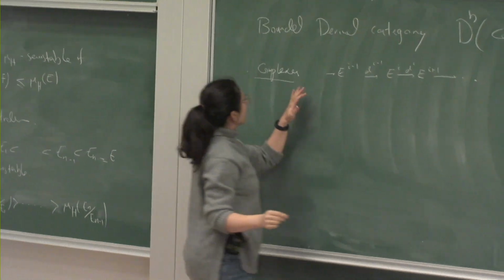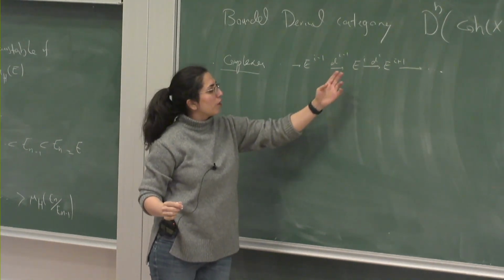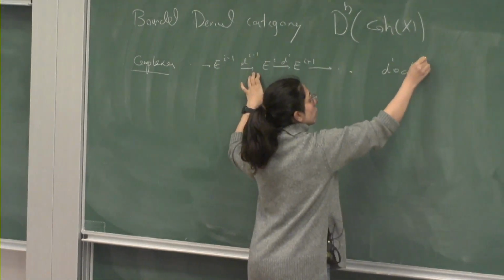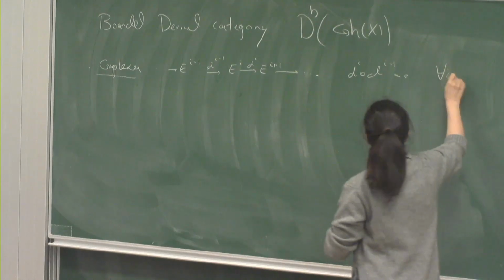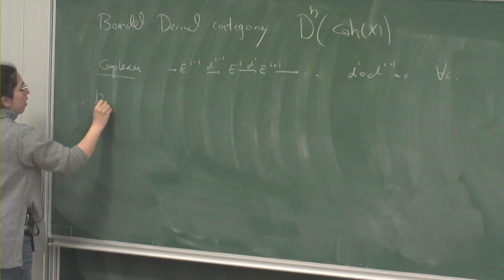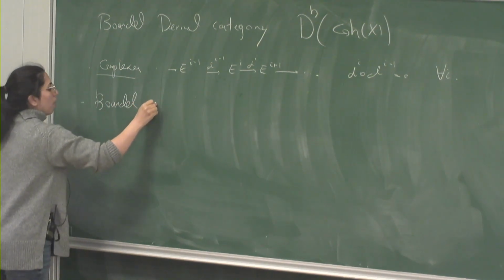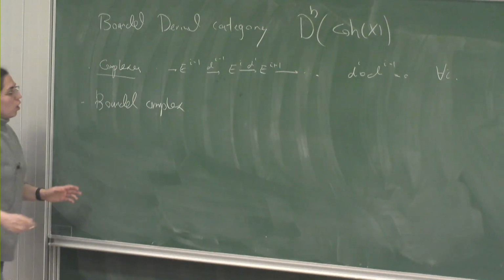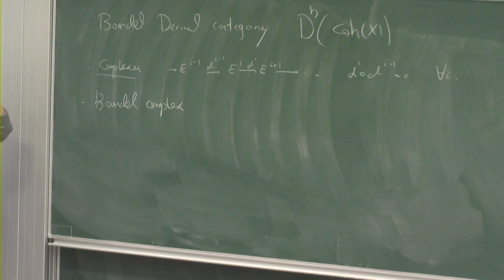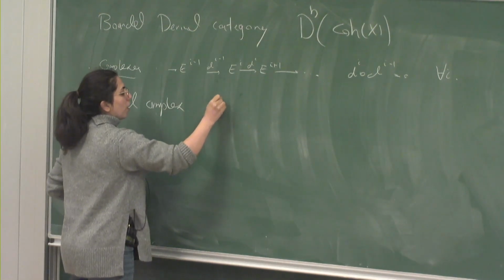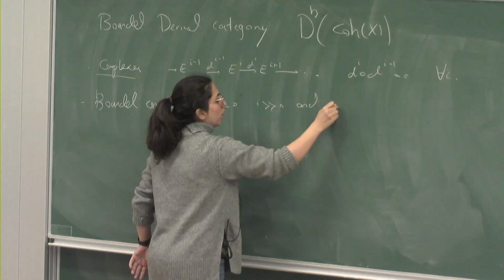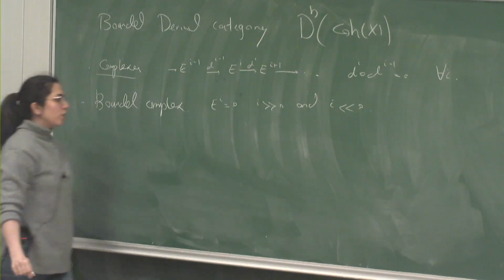We say it's a complex when the composition of two consecutive maps is 0, so d_i composed with d_{i-1} is 0 for any i. And it's called a bounded complex when there are only finitely many non-zero coherent sheaves in this sequence, so the terms are 0 when i is very large and when i is very small.